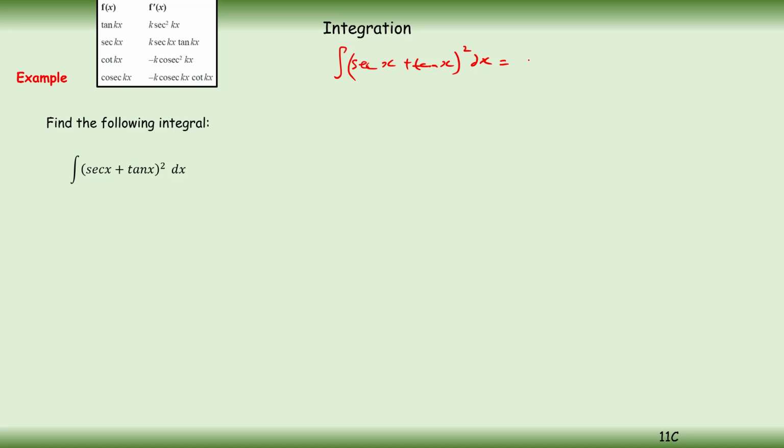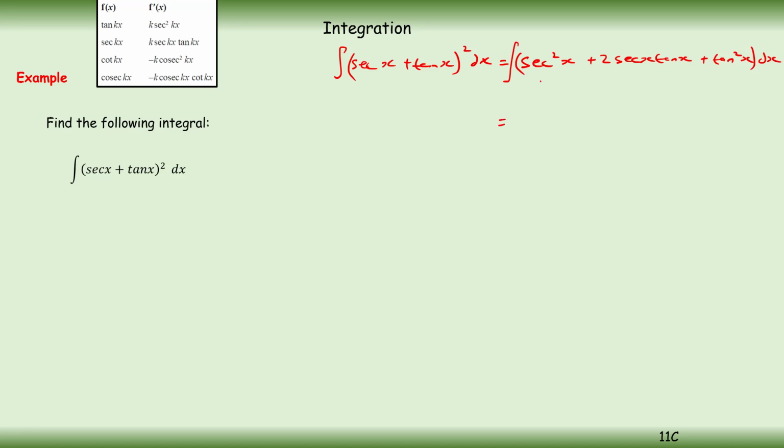If we expand the brackets, we get sec squared x plus 2 sec x tan x plus tan squared x, and that's the integral with respect to x.